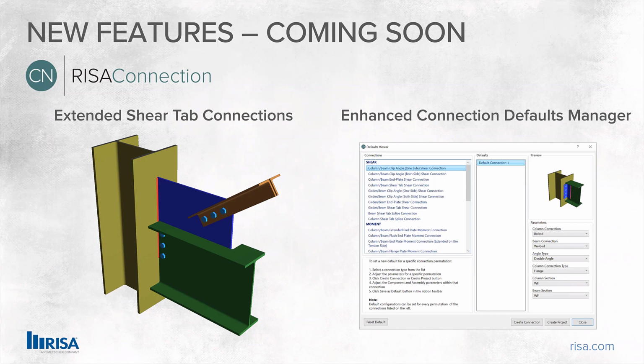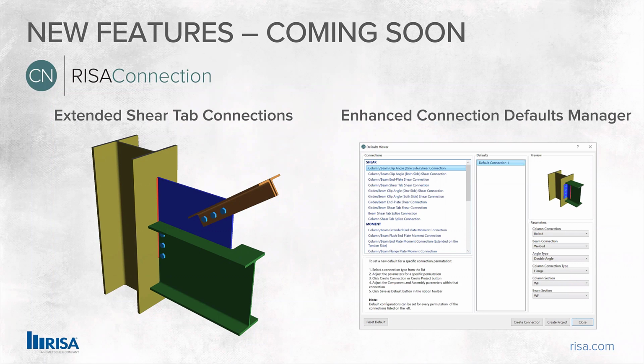The other feature, which I'm really excited about, should be exciting for people who work closely with RISA 3D, RISAFloor, and RISAConnection together: the ability to expand the way you can define connection defaults. For any connection, and for multiple options within that connection, you can set what you want your default to be.